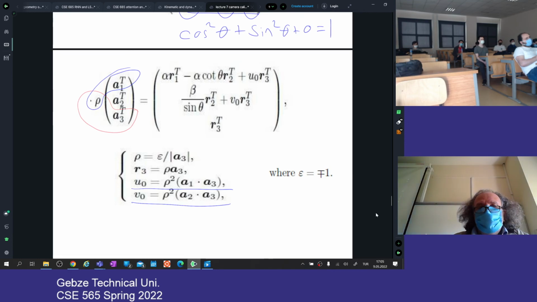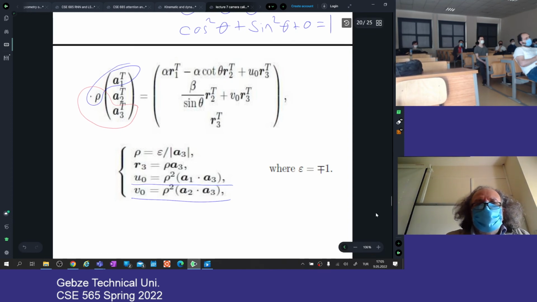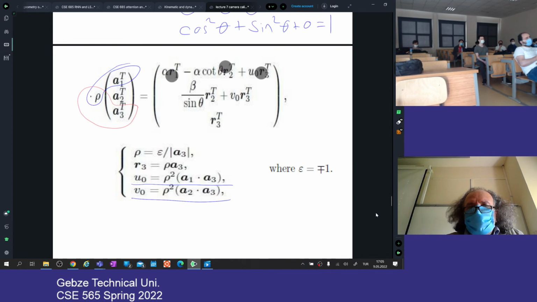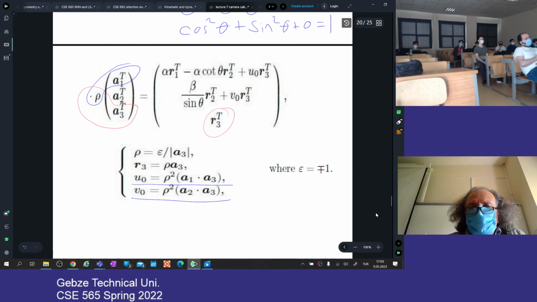You will get U0. How could that happen? What is rho times A1? It is multiply A1 with R3. Let's multiply it. If I multiply R3 with this one, it's going to produce what?